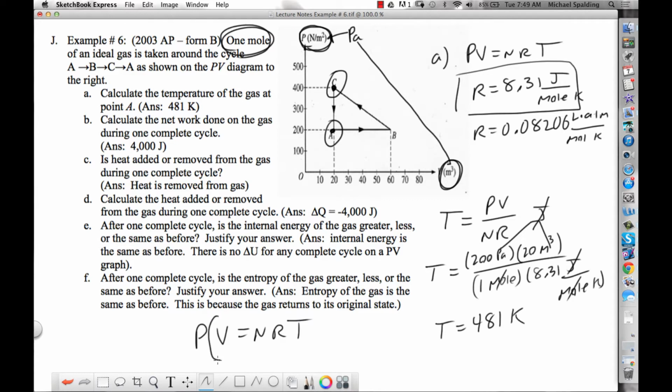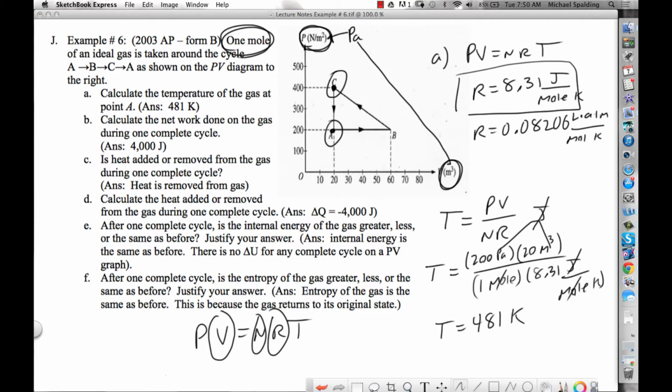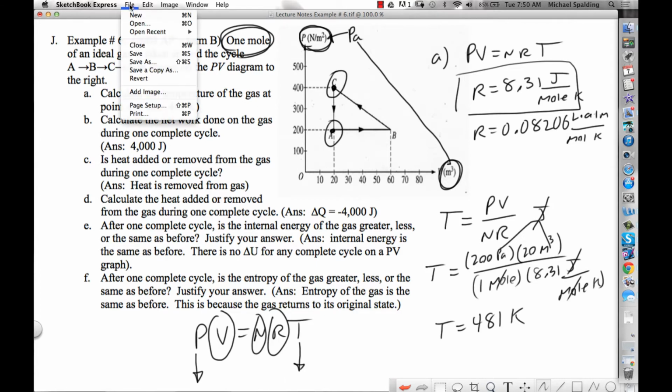The volume's constant. What else is constant? Moles is constant. And the gas constant is constant. Okay, so what happens to pressure from C to A? Pressure is dropping. So what must be happening to temperature? Dropping. Does that make sense? Okay. Next question.